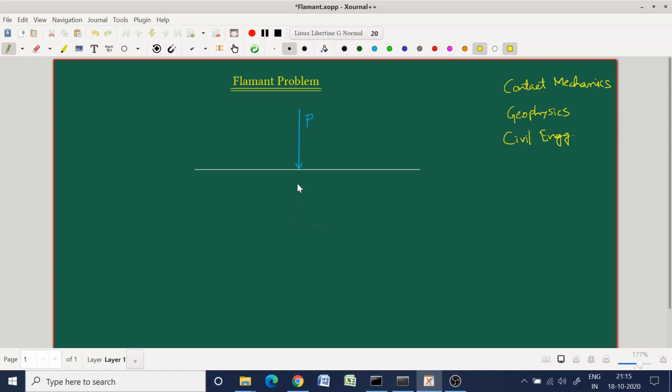So you can imagine that maybe some kind of pole is standing here having some weight, or some building is standing here on the ground having some weight. So what will be the stresses generated in the ground beneath it?